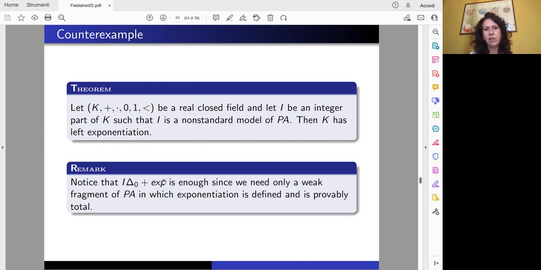So if we add an axiom which guarantees the totality of exponentiation, then we can reproduce the same proof as in the theorem. So we can define over K an exponentiation starting from the exponentiation over the integer part. It's a bit technical. You first extend to the negative part and then to the quotient.